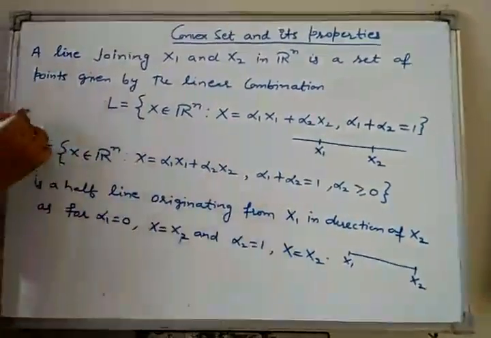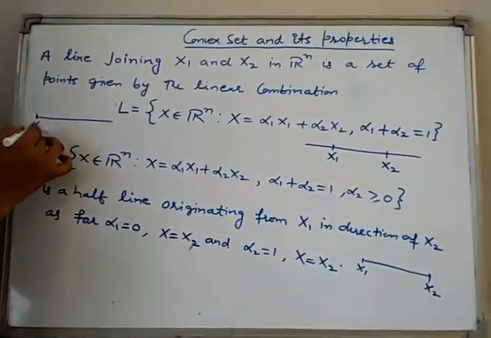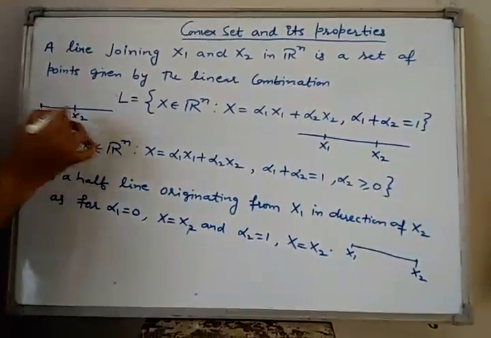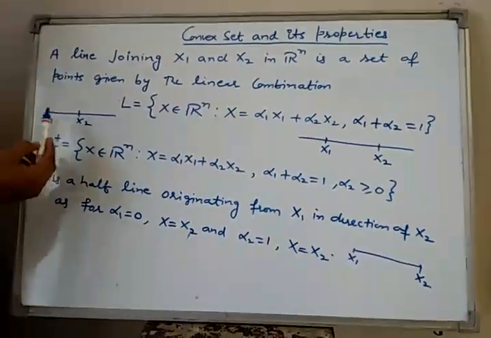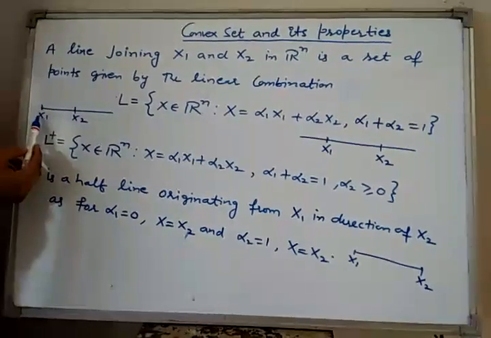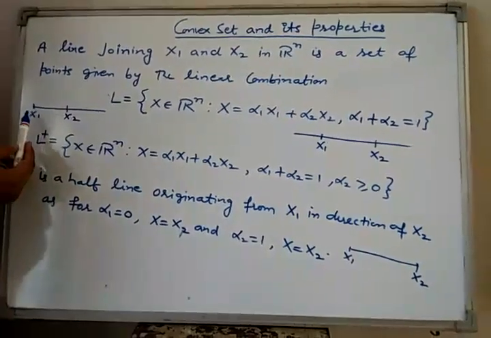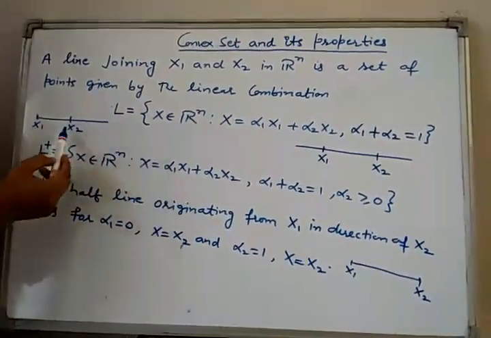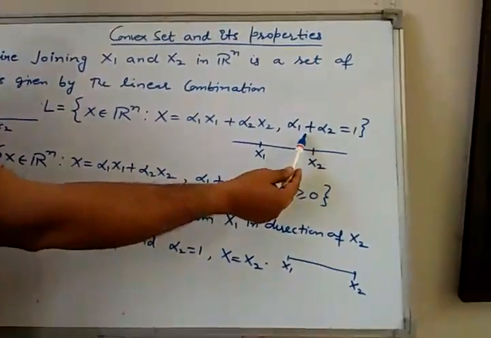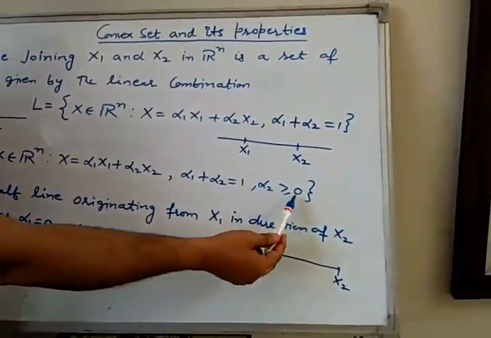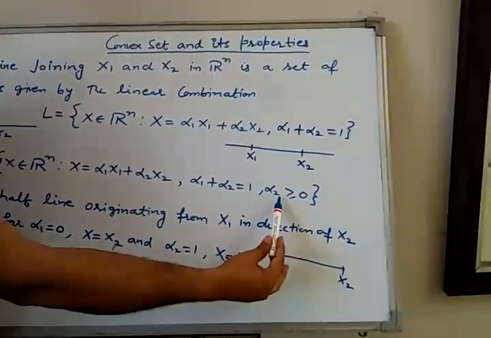First we find the equation of this line, which is a half line starting from x1 and going in the direction of x2. If we implement a new condition here, that is alpha 2 greater than or equal to 0, what is the least value of alpha 2?